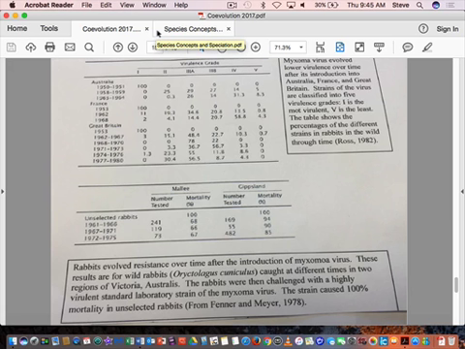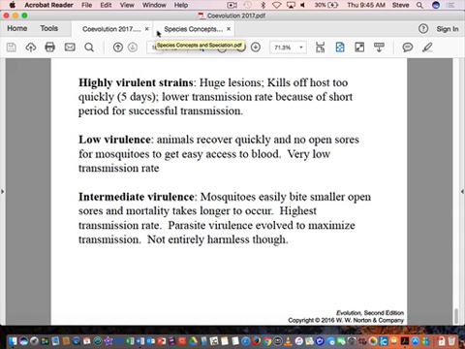So if you're extremely avirulent, what do you think the density is of viral particles in the bloodstream? They replicate, it's really low, okay? If it's extremely virulent, well, I'll just show you what happened. And you don't want to see the pictures, okay? So the idea here is there were highly virulent strains, the grade 1s. What they do is they create these huge lesions on the rabbit.